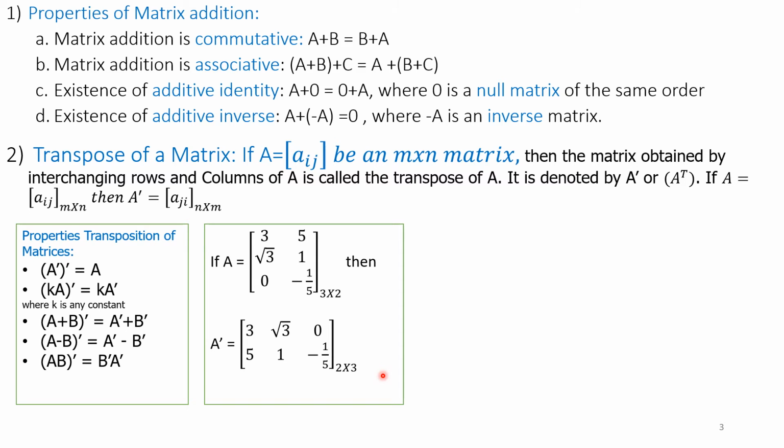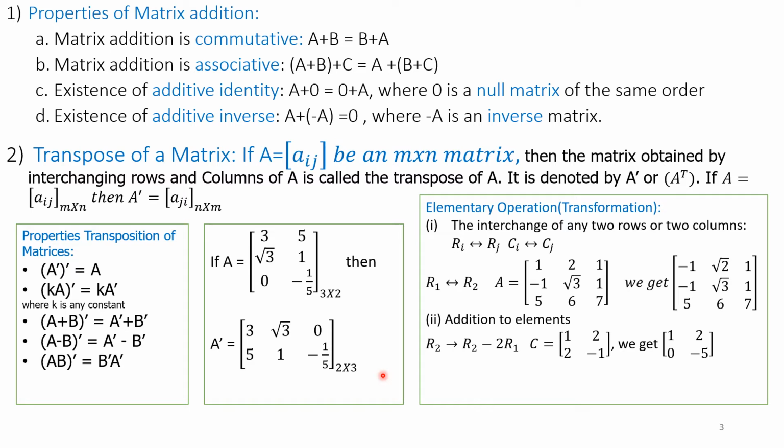In addition, we have an operation called transformation. Transformation is an elementary operation. These are required while solving the problems of inverse matrices. So, let us understand what is meant by transformation. Number 1, the interchange of any 2 rows or 2 columns.